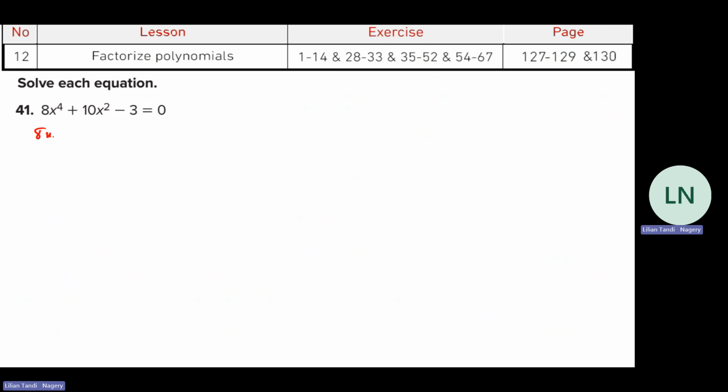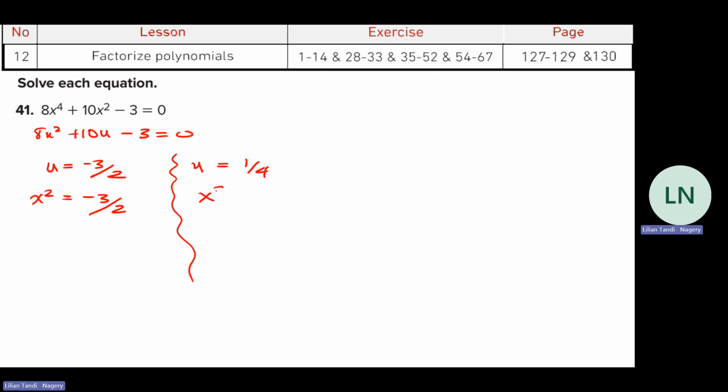Use u, so this is 8u squared plus 10u minus 3 equals 0. Calculator, quadratic formula, it's up to you. You should get 2 u's: u equals negative 3 over 2, and u equals a quarter. So x squared equals negative 3 over 2, and x squared equals 1 over 4.